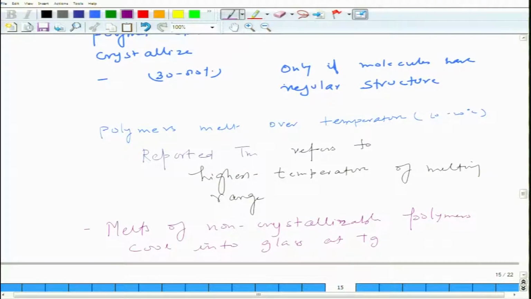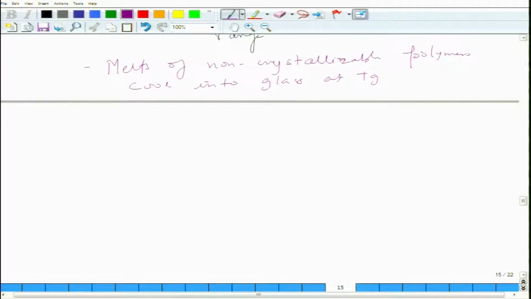So let me just draw a typical specific volume versus temperature plot.